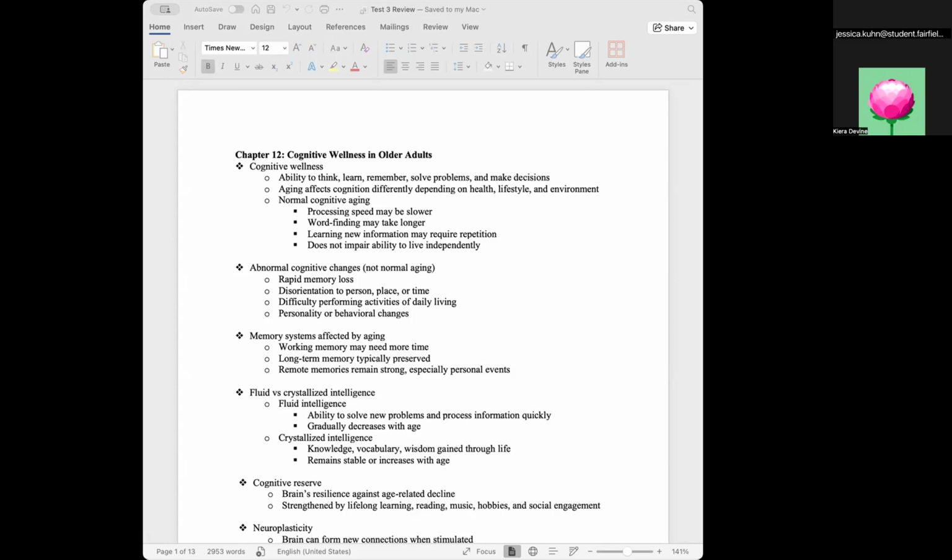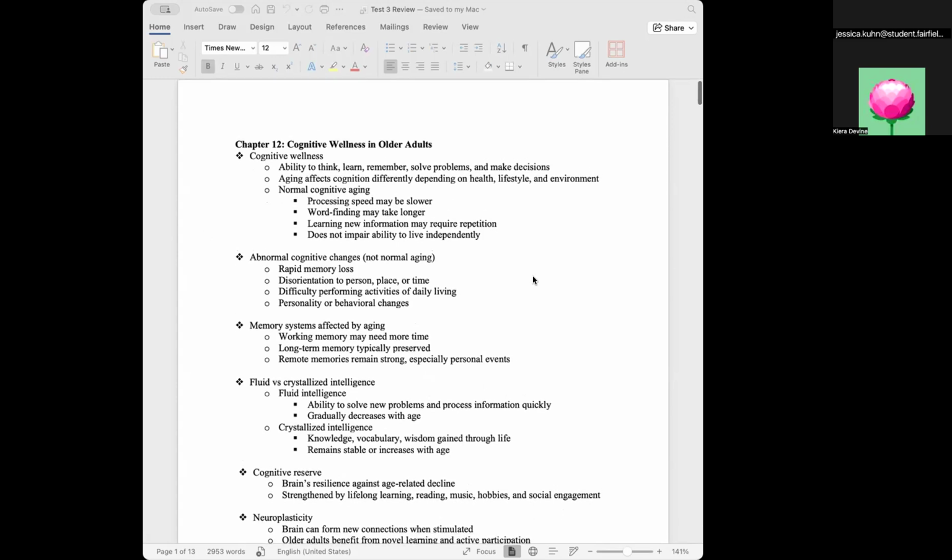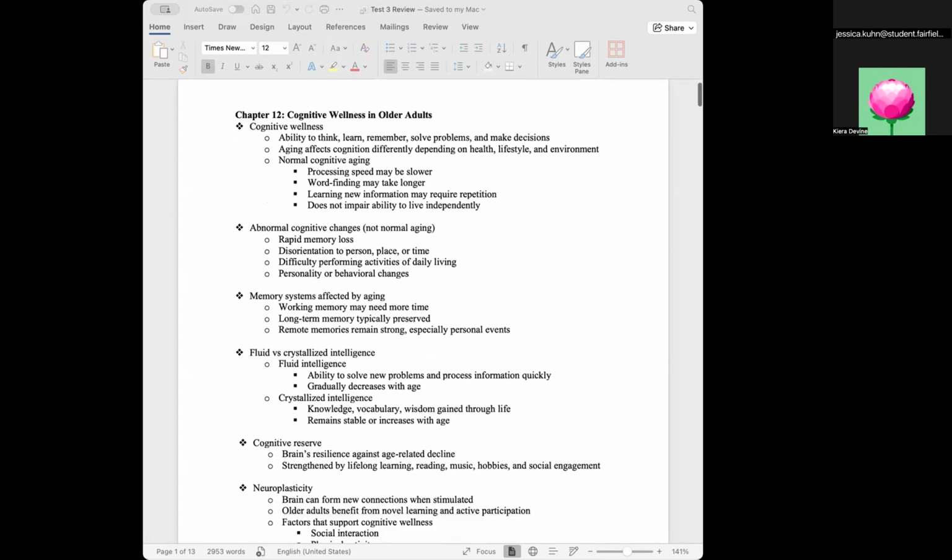If you look at imaging studies of the brain with aging, it does look like there are physical changes. Theory number three talks about fluid and crystallized intelligence, which we're going to touch on a little later. Theory number four talks about memory, conceptualized like a computer, as information processing.